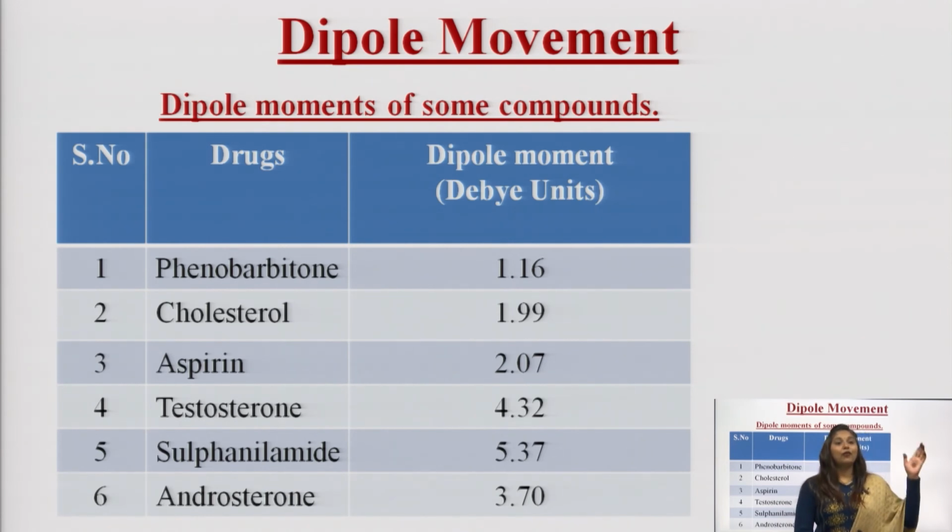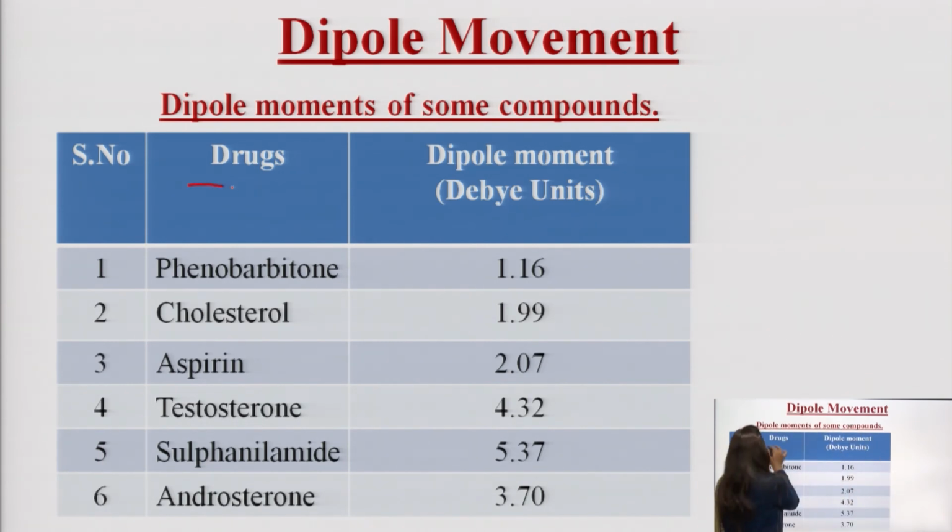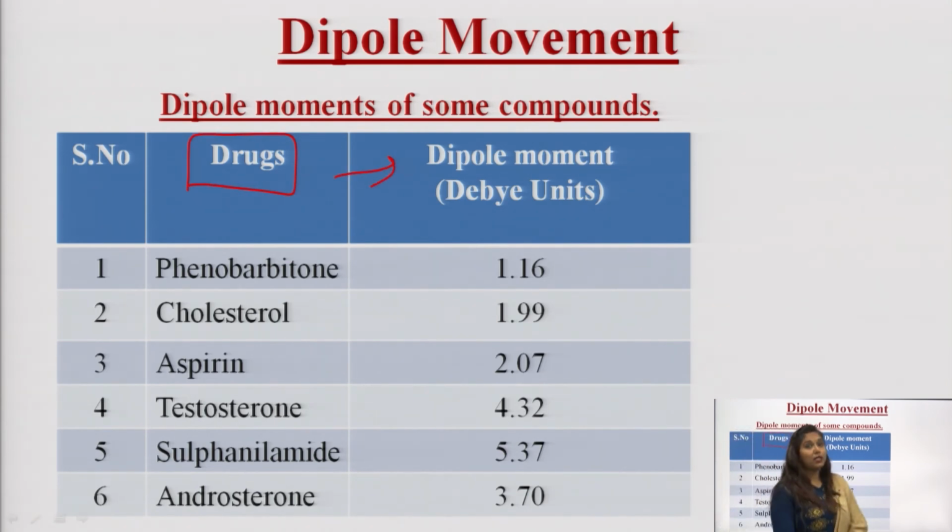There we discussed the solvents, now we are discussing the drugs and their dipole moments. In the previous table we discussed the solvents with their dipole moments. Here also I have taken 6 examples of drugs: phenobarbital, cholesterol, aspirin, testosterone, sulfanilamide and androsterone. We will talk about them one by one.